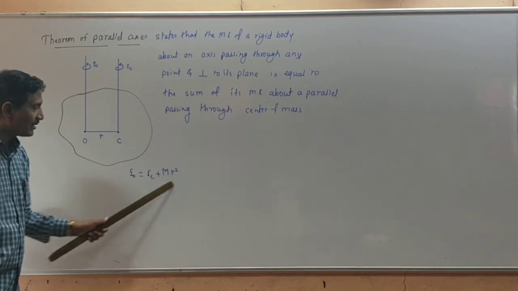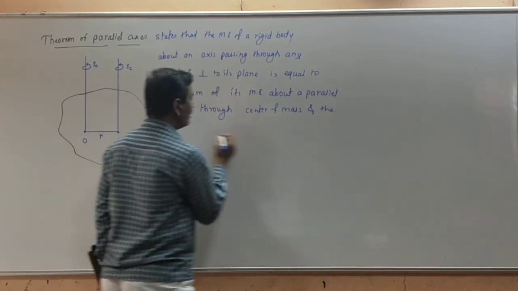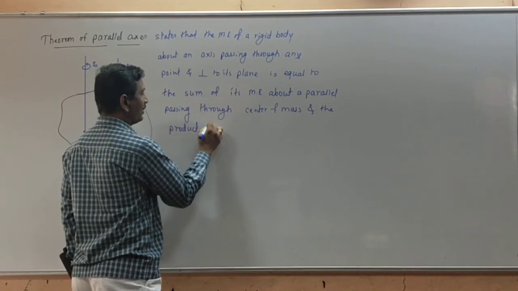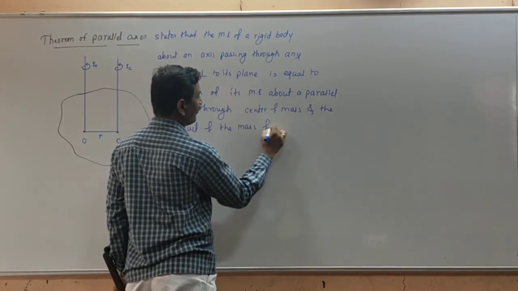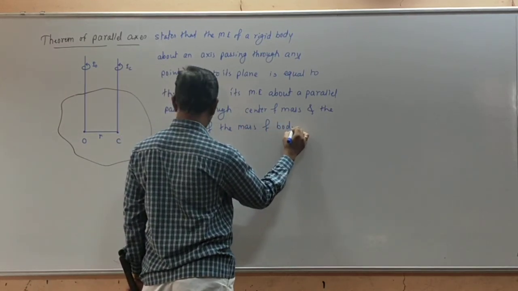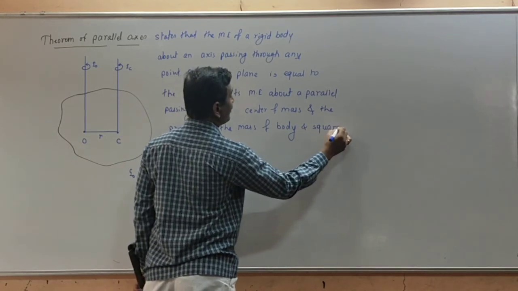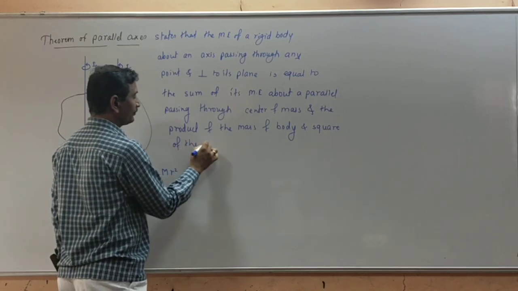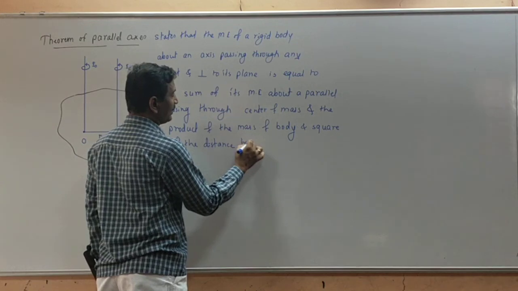And what is M R square? It is the product of the mass of the body and the square of the distance between the parallel axes.